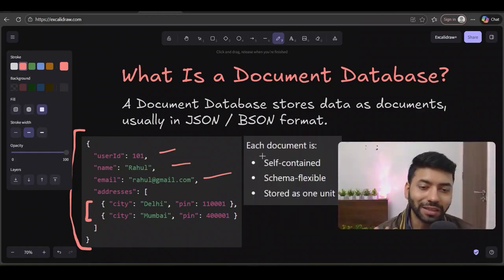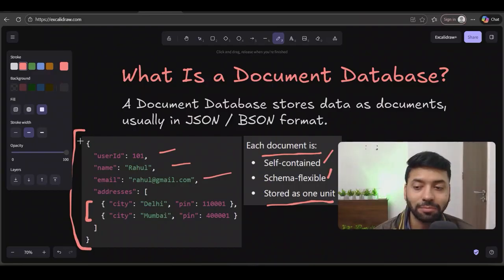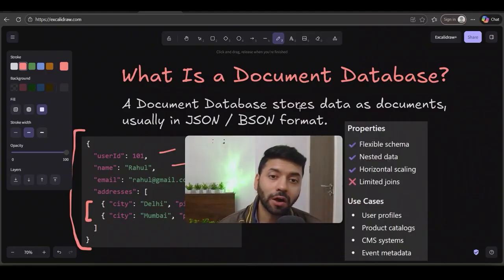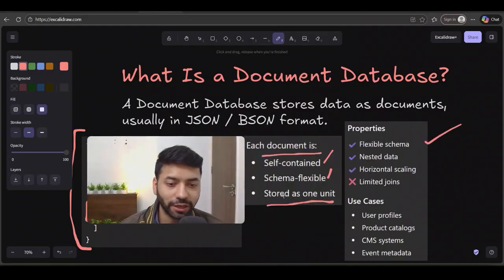Now the important thing is each document is self-contained, schema flexible, and stored as one unit. All the information related to that user will be stored as one unit in JSON format, and the schema is also flexible. It's not like the schema is fixed, it is flexible. Now let's see some of the properties of document databases. They have a flexible schema, as we mentioned here as well.